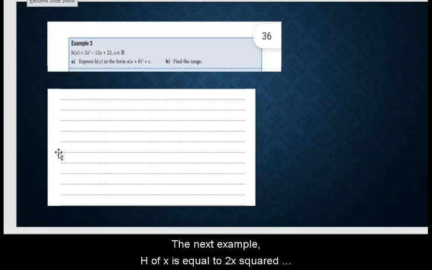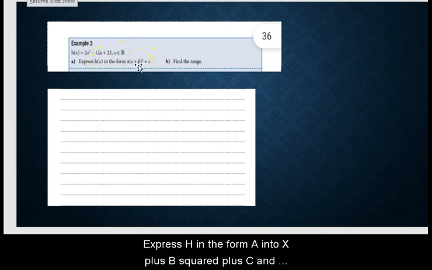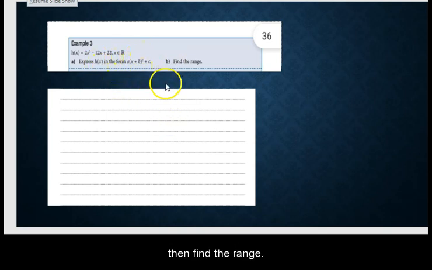The next example, h of x is equal to 2x squared minus 12x plus 22. x is a member of R. Express h of x in the form a into x plus b squared plus c, and then find the range.